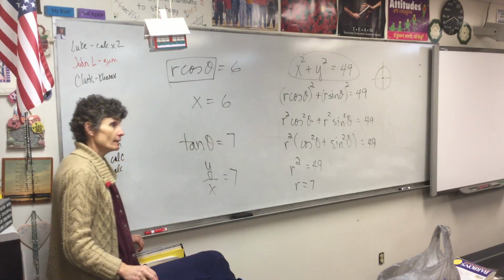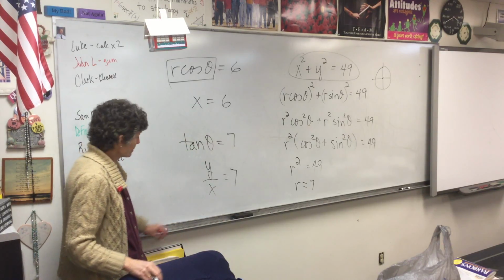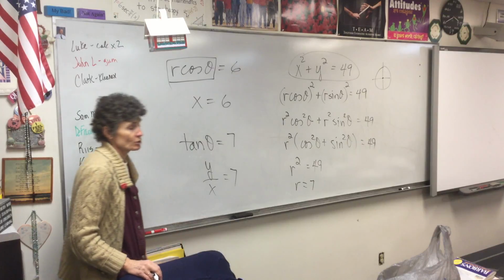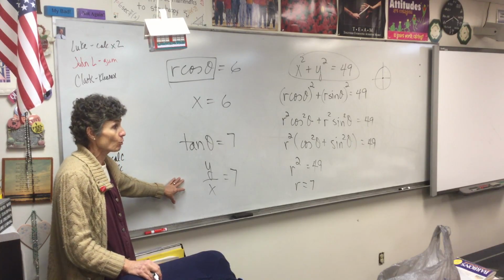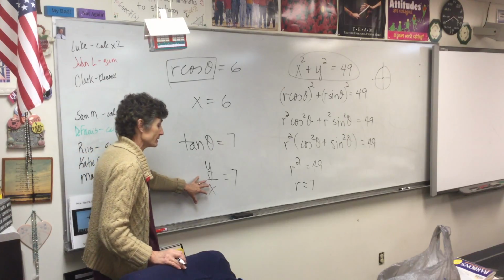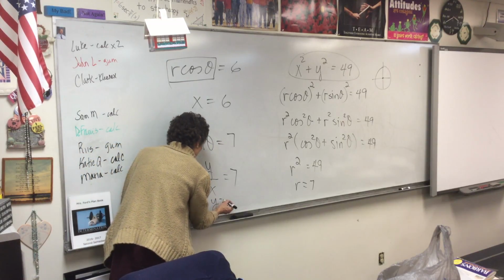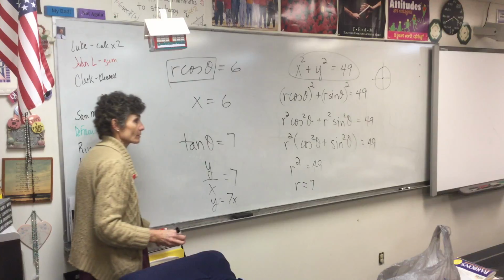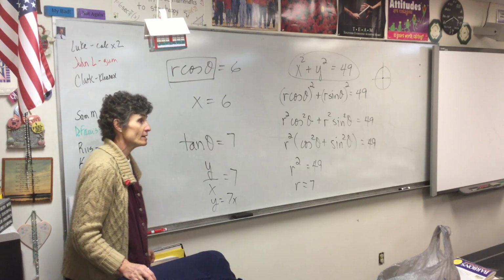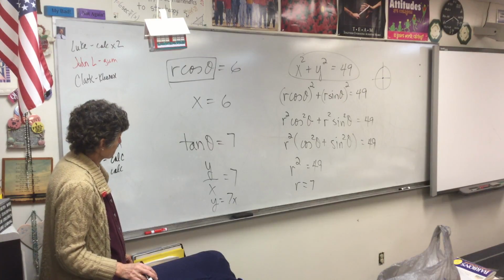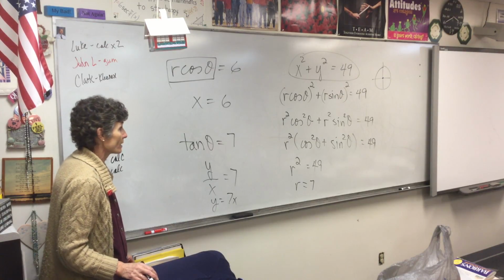We already know tangent is y over x, or I should say you're supposed to know that, but that is a conversion equation. Take a look at this, guys. Doesn't this say y equals 7x? Is that a Cartesian equation? It sure is. Its variables are x and y only.